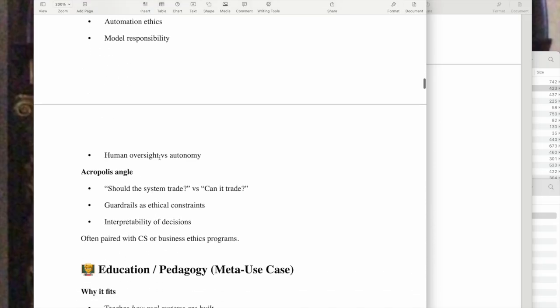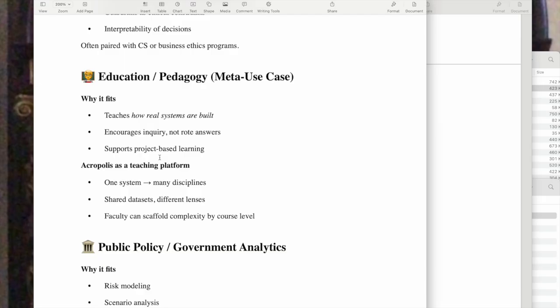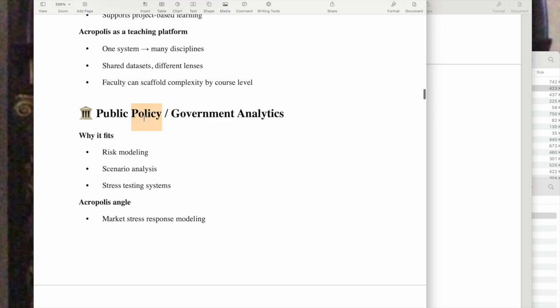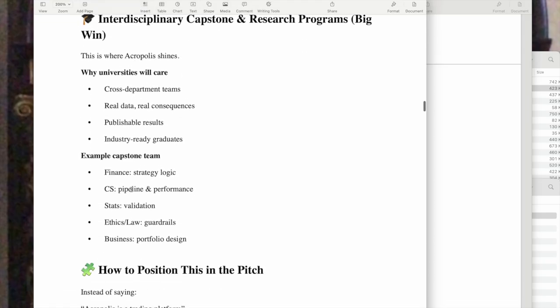Philosophy and ethics, education, shows you how real systems are built. One system, many disciplines. The whole university can use 2 or 3 systems or just one called Acropolis. Public policy, government analytics, risk modeling, stress testing. Acropolis can do all of these things.